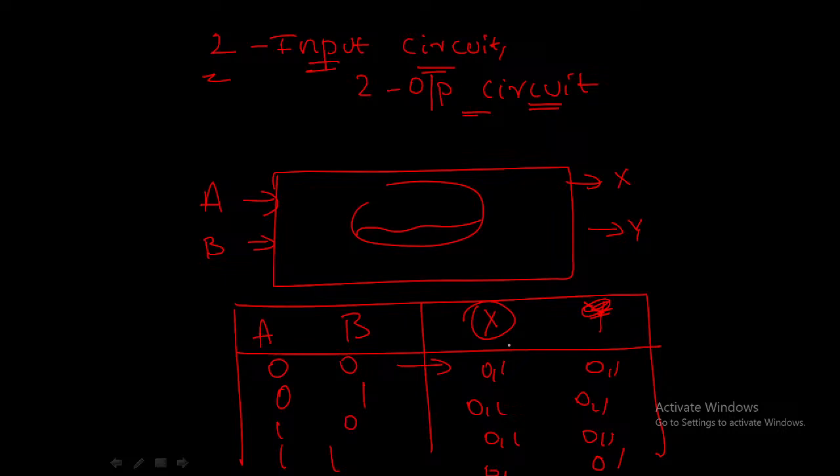So that's how a truth table helps us understand the behavior of a circuit, how the circuit analyzes the inputs and gives our outputs. This is the use case of a truth table, and we are going to use it extensively in Boolean algebra and throughout digital electronics.